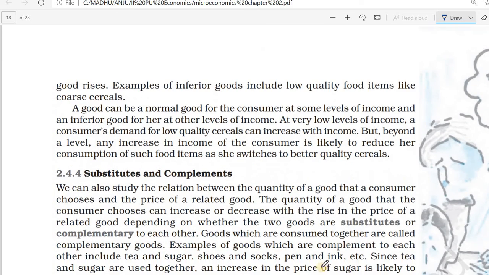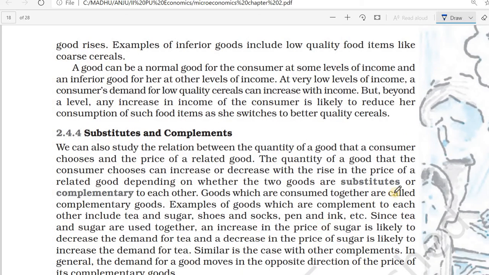Okay, next we can study about substitute and complementary goods. What are substitute goods? We know one product, suppose instead of that product we can use another product, like tea and coffee. That one is substitute goods, means instead of tea we can use coffee. What are complementary goods? Complementary goods means goods which are consumed together.